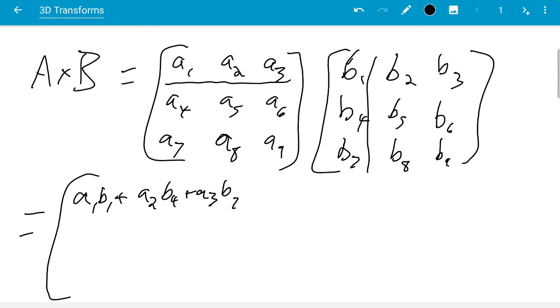Alright, I'm drawing those 7s like 2s. Alright. Now we're going to go, let's say, down one row. A4 matching with B1. A5 matching with B4. And A6 matching with B7.